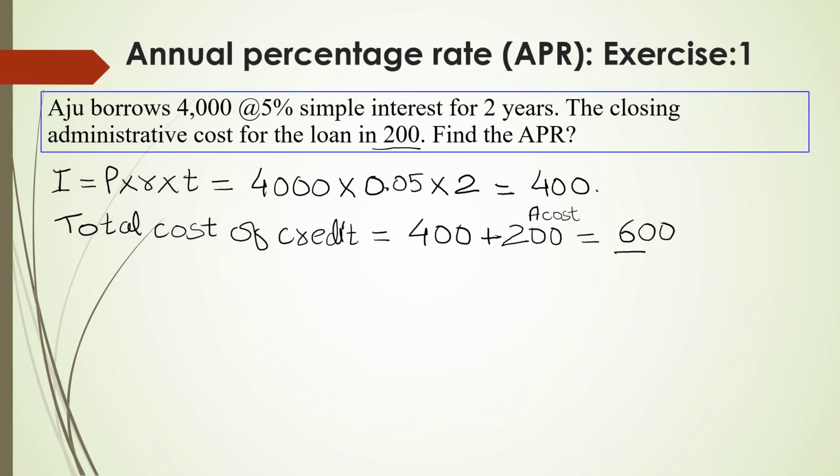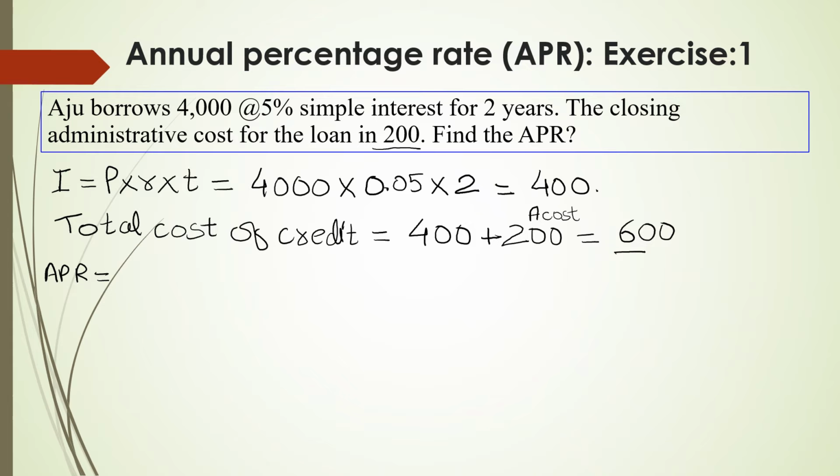Now we will write the formula for APR. We will calculate the APR. So first thing we need to do is write down the formula. APR, annual percentage rate, is equal to, in my previous slide I have already told you the formula. So here we write the bracket, then total cost of credit.